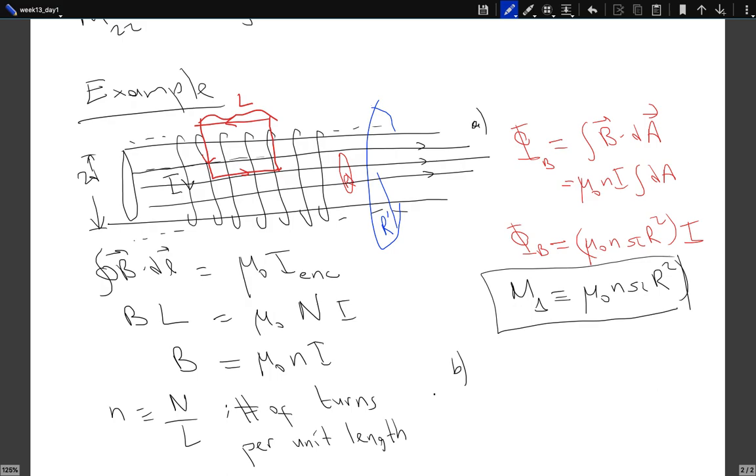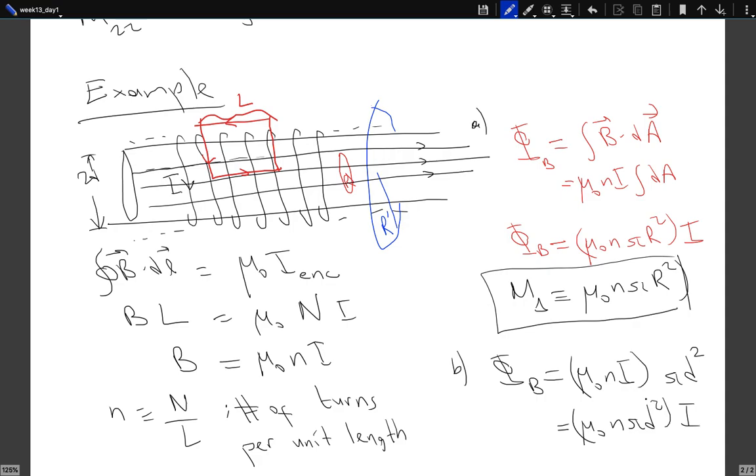Now, what is the flux created that passes through this blue ring due to that magnetic field? Mu 0 n and I times pi d squared. Mu 0 n and pi d squared times I.